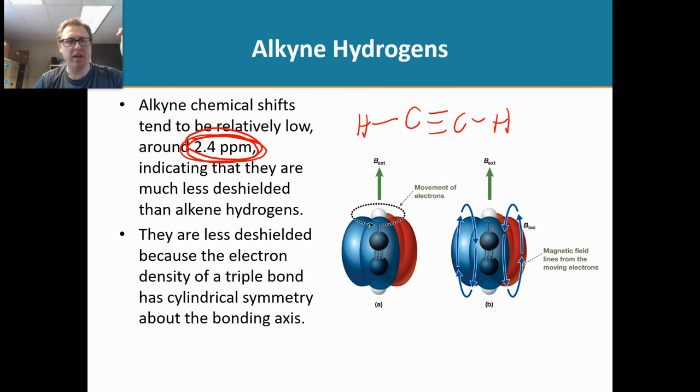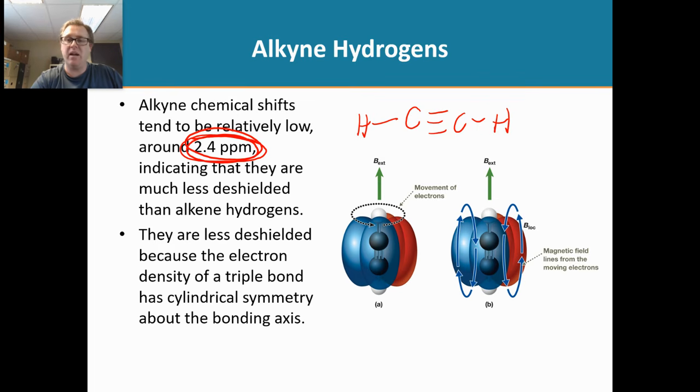Like, why is a benzene ring around 7 and alkenes are around 5, and an aldehyde is around 9 to 10? Why does this hydrogen here not have such a large chemical shift?